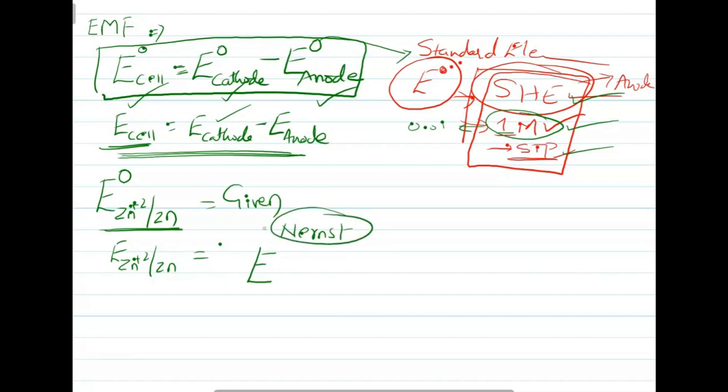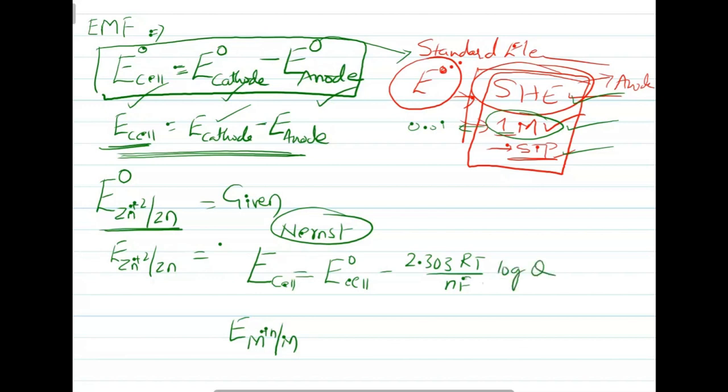So the Nernst equation says E of any single electrode, that is M plus to M single electrode, or E of a cell, is given as E naught cell minus 2.303 RT by nF log Q. So this is called the Nernst equation.